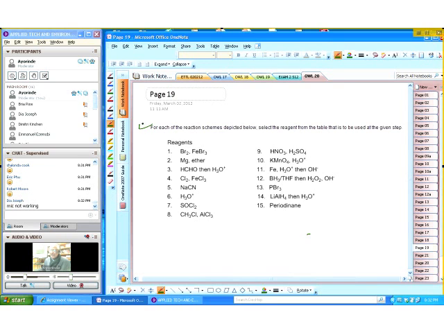Probably not working. Emmanuel, is your mic working? If it is, read this for us. Okay, let me go. For each of the reaction schemes depicted below, select the reagent from the table that is to be used at the given step.